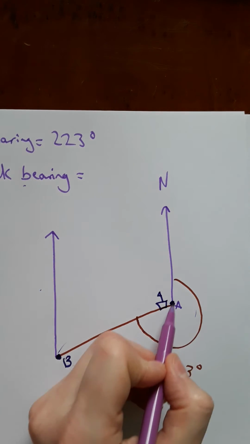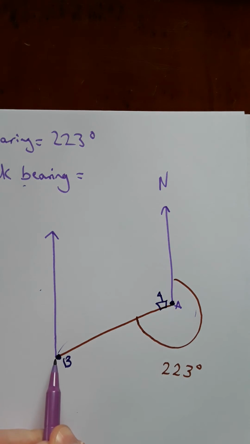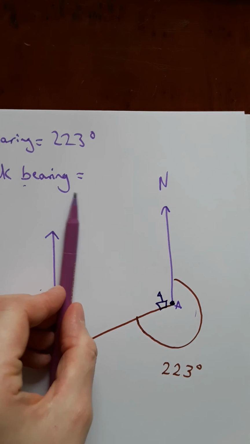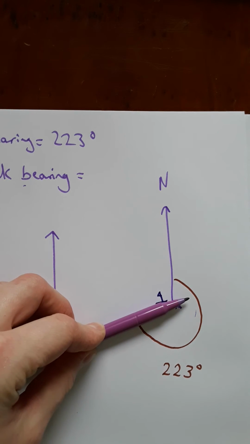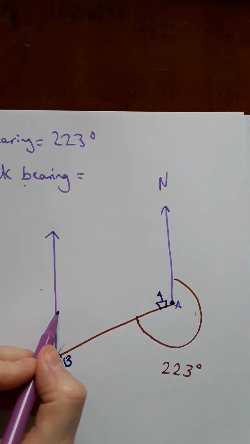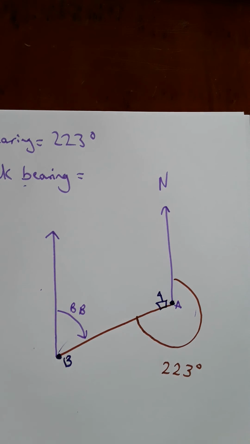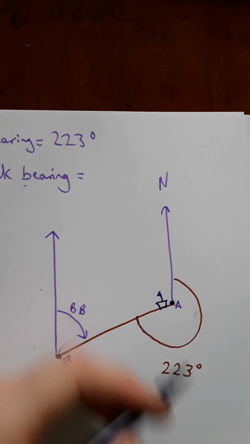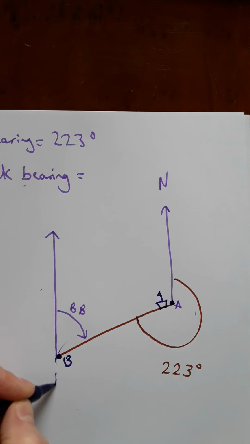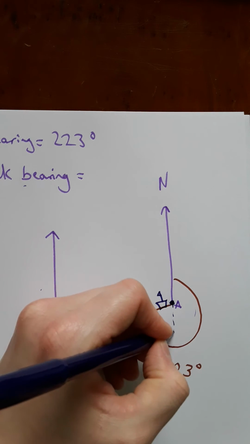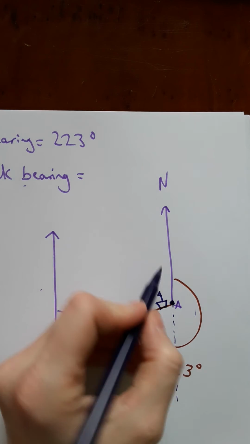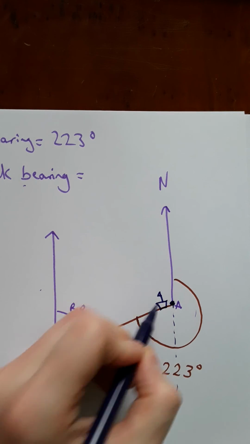My first bearing allowed me to face this way to get to B. Now I need to know how far I need to travel to face towards A, and that's my back bearing. So I'm trying to find this. I'm going to call that BB. The first thing I would do is write in everything that I know. I'm just going to draw some extra lines on to help myself, and I'm going to work out what this angle is in here.